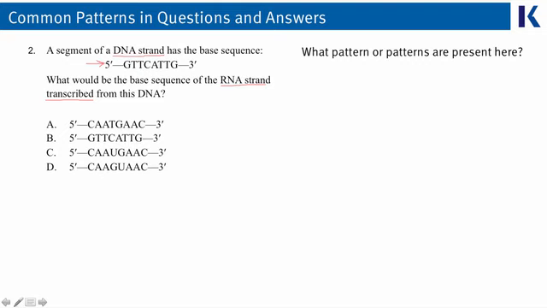When we look at the answer choices, we notice that they're all RNA or DNA sequences. Notice that the difficulty of this question is determined by more than just your content knowledge. In addition to knowing the process of transcription, we also need to have an attention to detail. The fact that the answers are all RNA or DNA sequences means that we need to keep straight the differences between these two molecules.